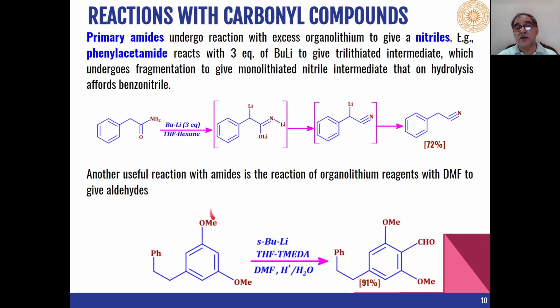Similarly, we can use organolithium reagents in the presence of dimethylformamide, and at the ortho position to these methoxy groups, we can have formylation to give us aldehydes as the product.